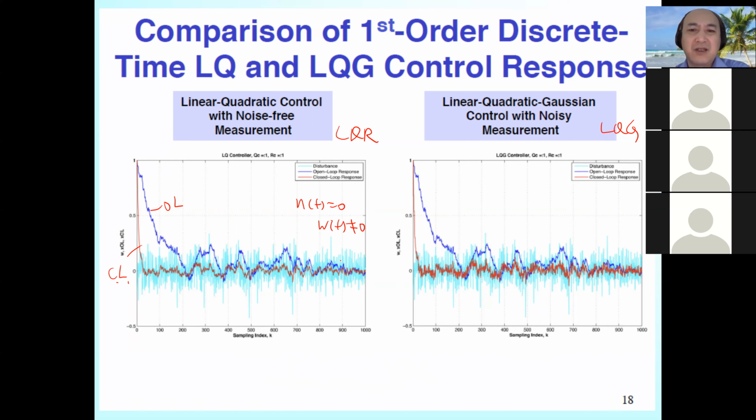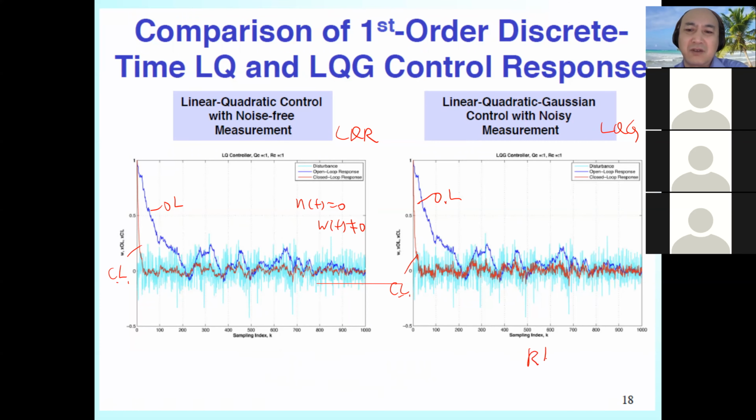But you can see here, of course, this should be the same open loop. This is the LQG closed loop with Kalman filtering. In this case, NT is not 0, and of course WT is not 0. You can see the closed loop control is still very similar.